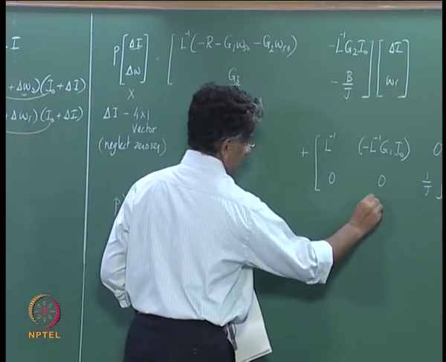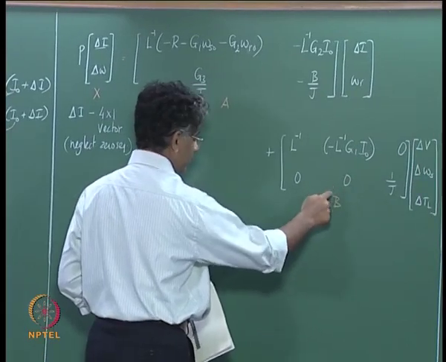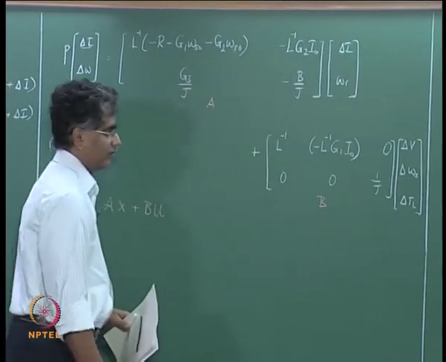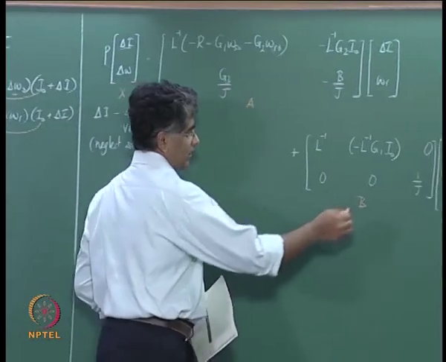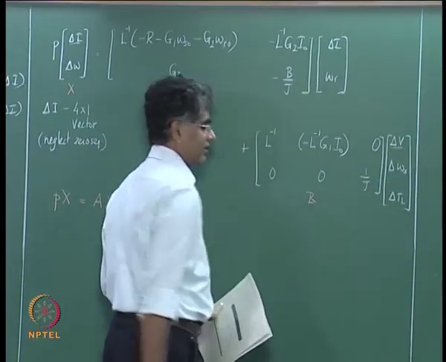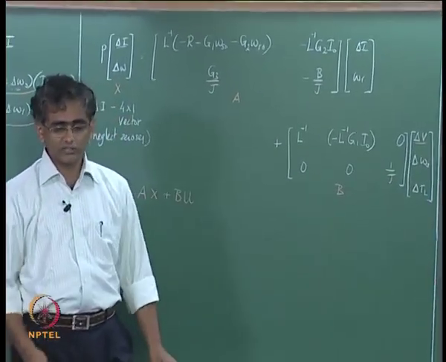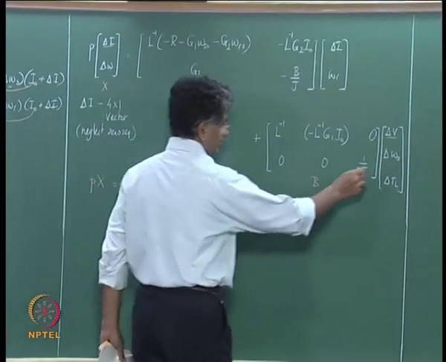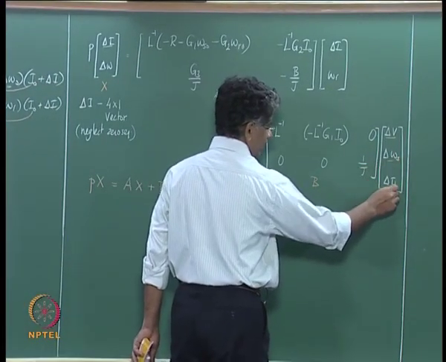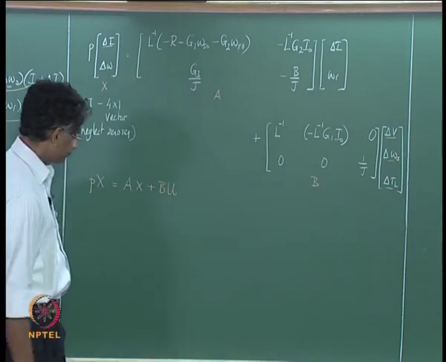This is the input, this is B matrix, and then here you have the input vector. So, these are your inputs that are there, that is the change in the supply voltage, change in the supply frequency, and change in the load torque.